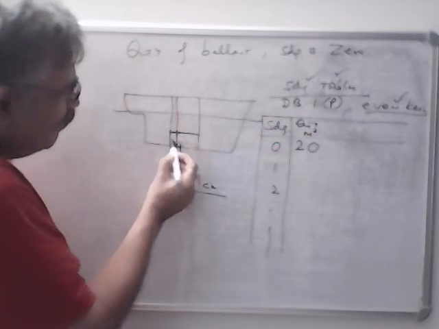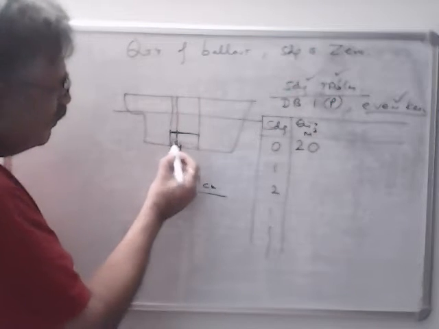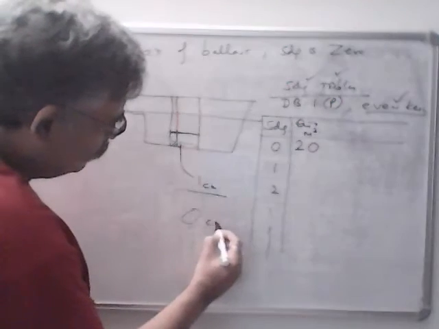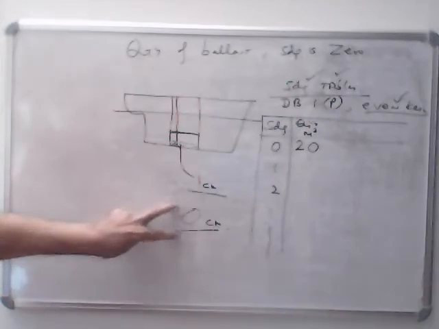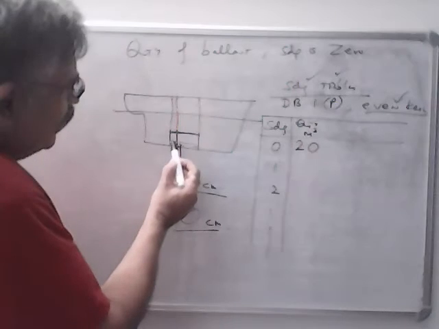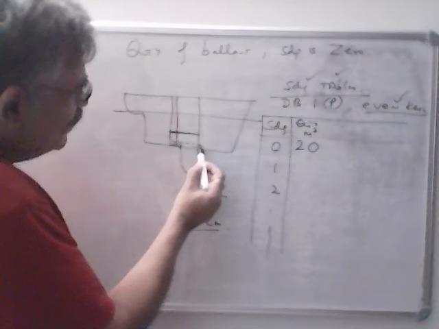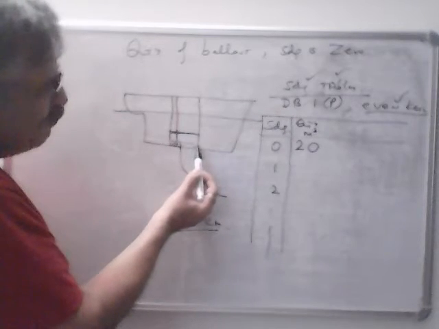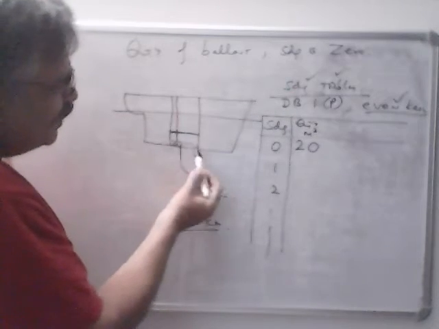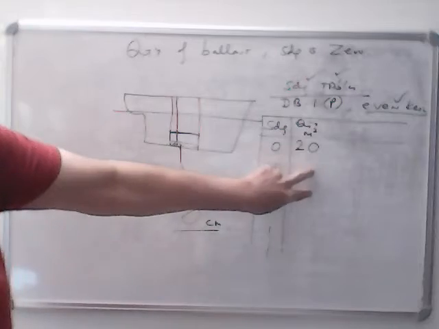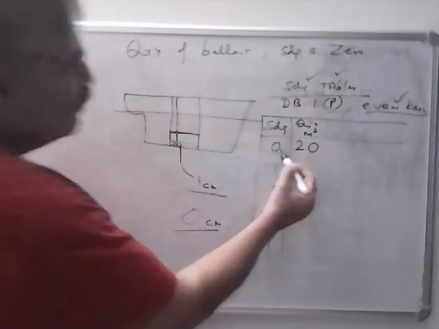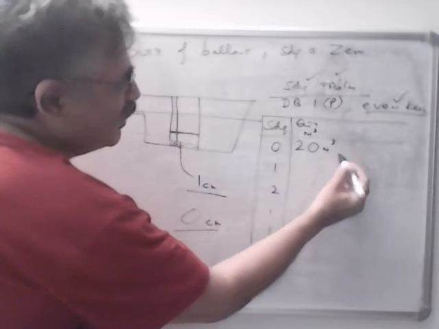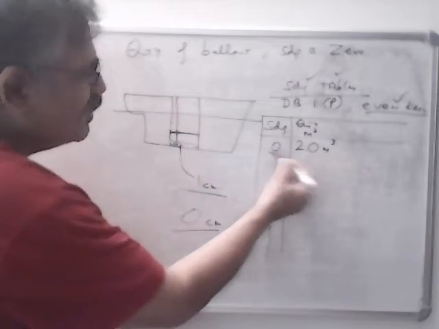The sounding rod will strike the upper part of the striker plate, and you will get a zero sounding. So, for zero sounding, it is assumed that this much water is there, roughly 1 centimeter height. And with even keel, water will be from forward to aft, and that is measured by the shipyard who makes these sounding tables, and they give you something like 20 meter cube or metric tons for zero sounding.